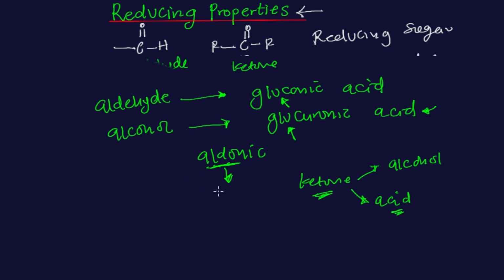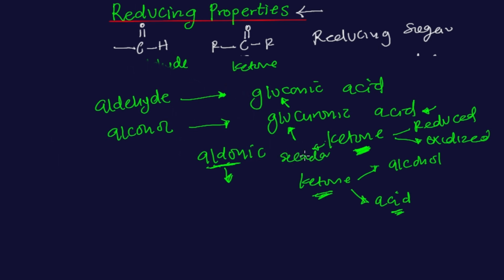Most of us know from basic chemistry that ketone doesn't really give a positive test to reducing reaction. Although ketone can further be reduced, it can never be further oxidized. It can be reduced to alcohol, that is, secondary alcohol. Whenever we reduce ketone, we are going to have secondary alcohol.